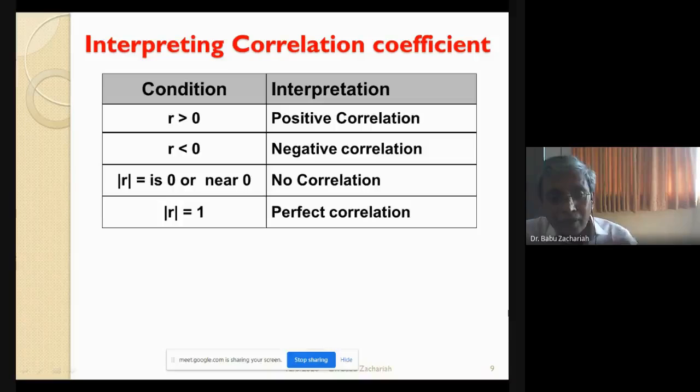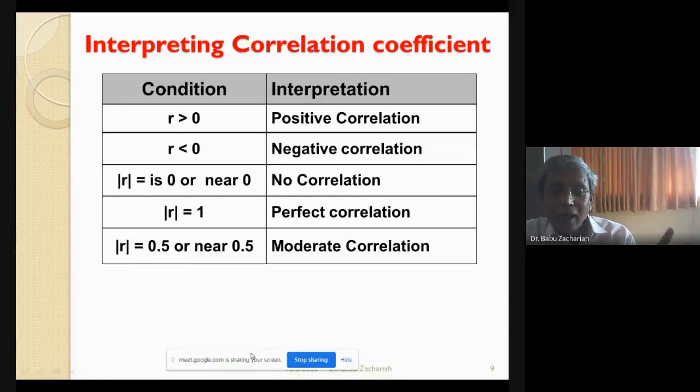Now we'll interpret as per the magnitude. Say if absolute value of R is equal to 1, we get perfect correlation. If R is equal to -1 or +1, if -1, perfect negative correlation, +1, perfect positive correlation.